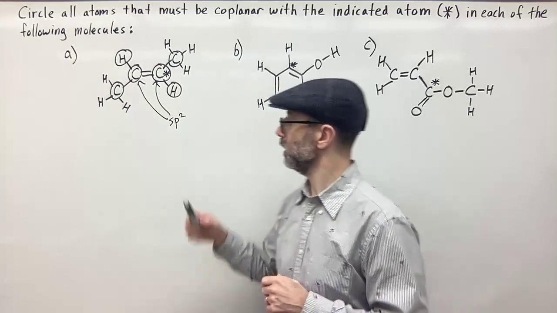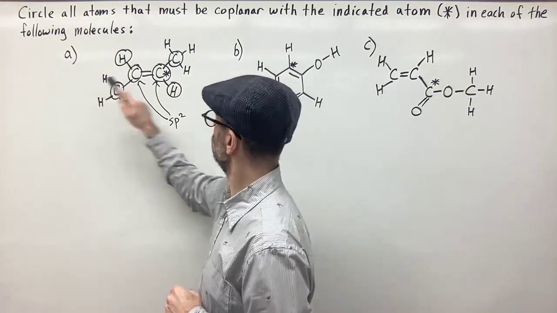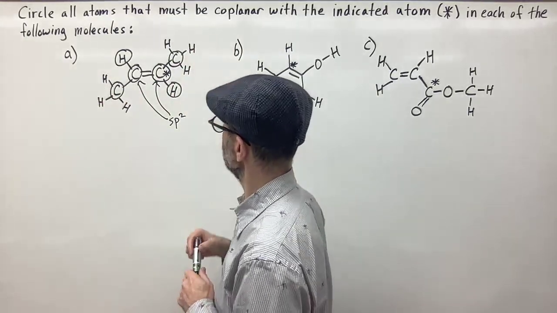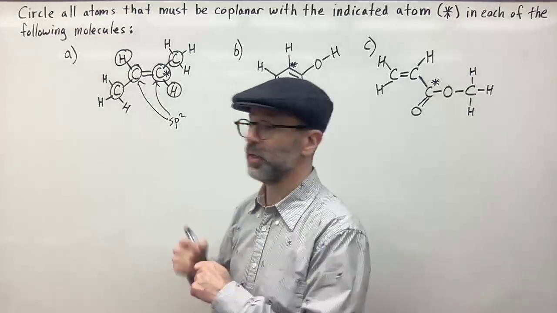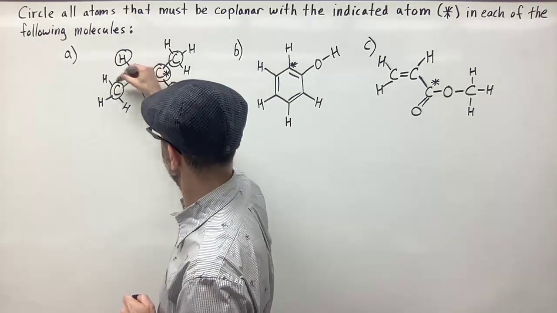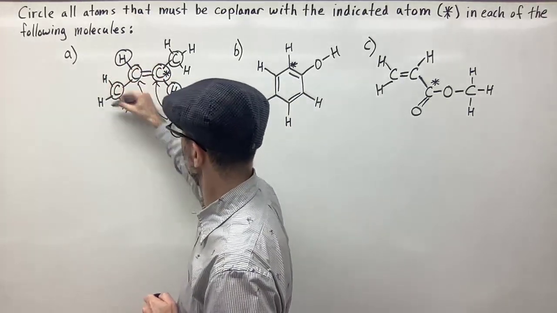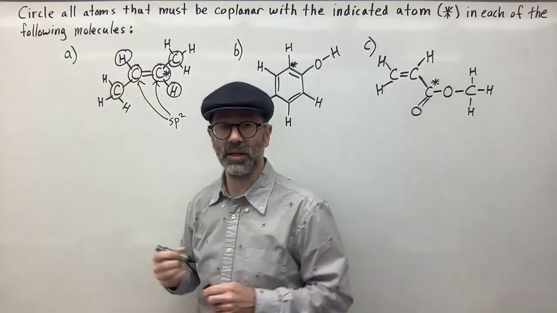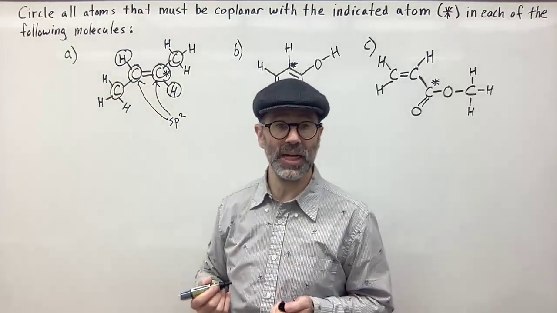Now, what about these hydrogens here? These hydrogens are not going to be in the same plane because if you notice, they have 1, 2, 3, 4 groups around the carbon. That means it's going to be sp3 hybridized.